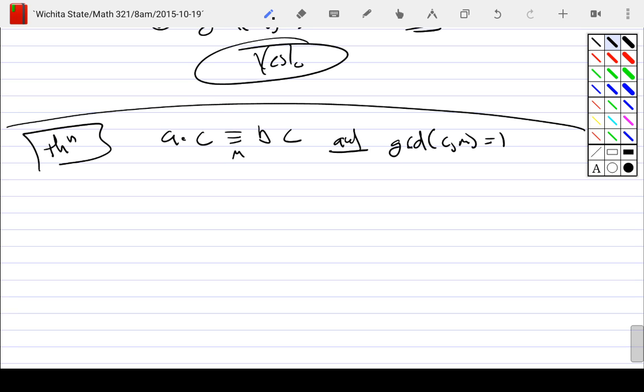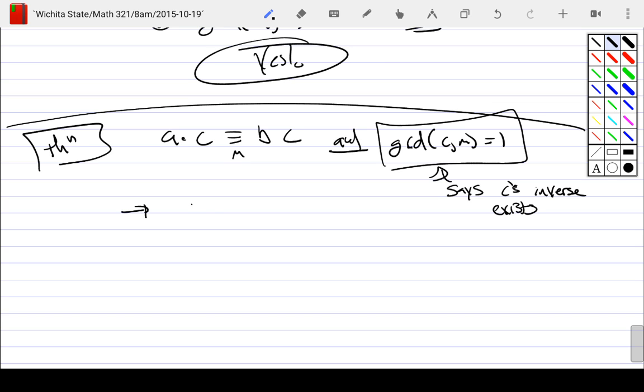What does that actually tell you? If the GCD between C and M is 1, C inverse exists. And because C's inverse exists, this tells us that we can just simply go ahead and wipe it out. Just remove it. Simplification is allowed. So we just go ahead and remove it. We have A is congruent to B.